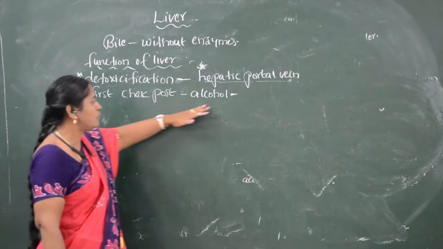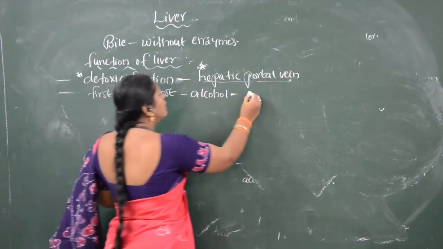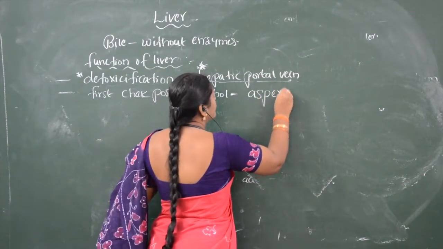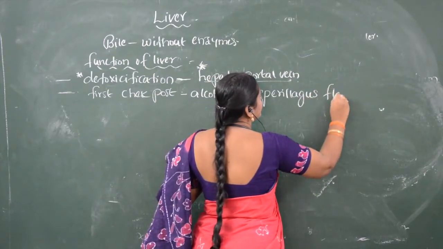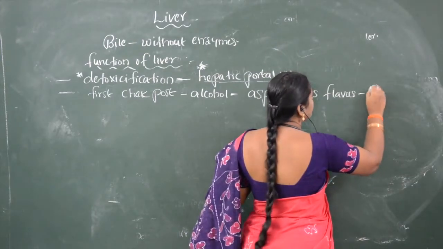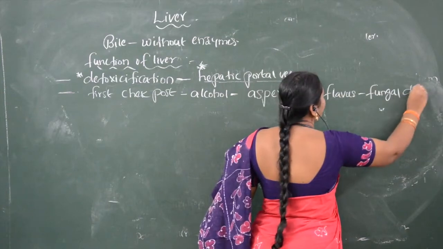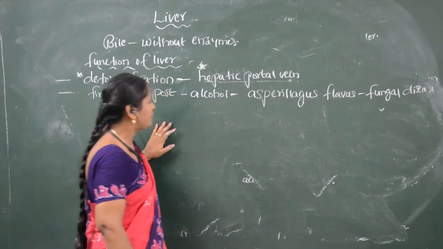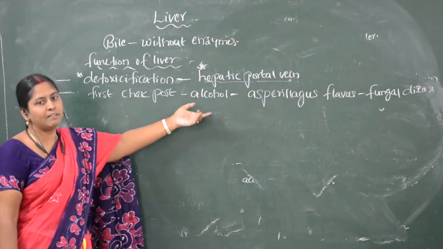Also there is another fungus called Aspergillus flavus. Aspergillus flavus is a fungal disease which affects the liver cells also.